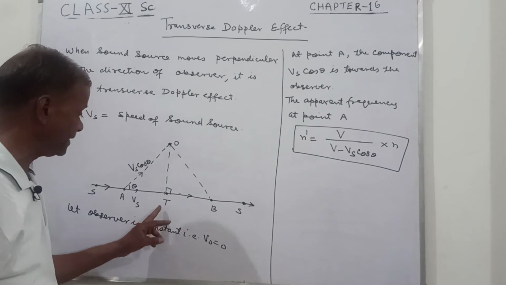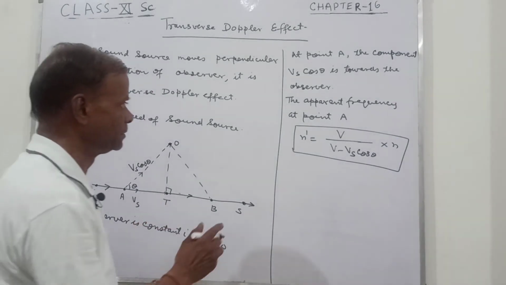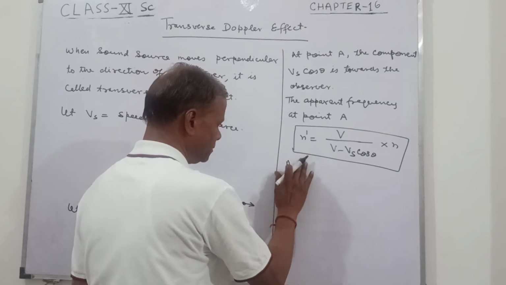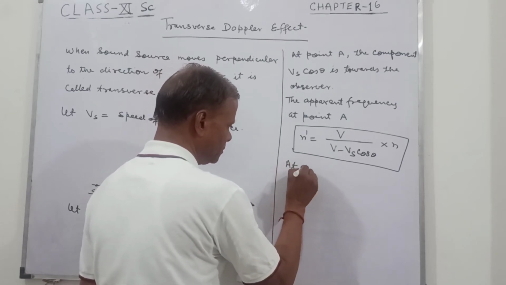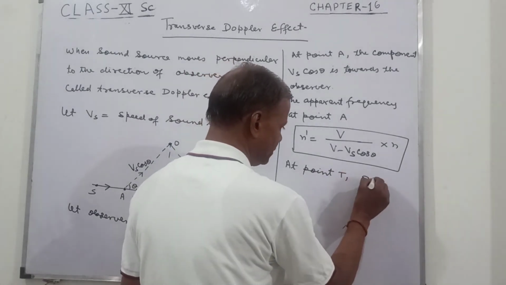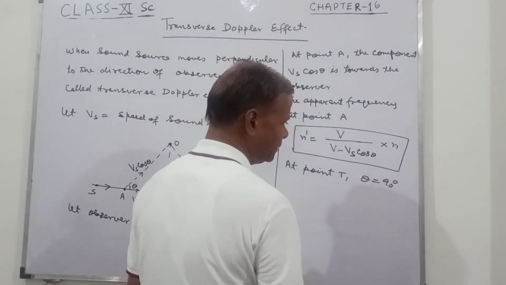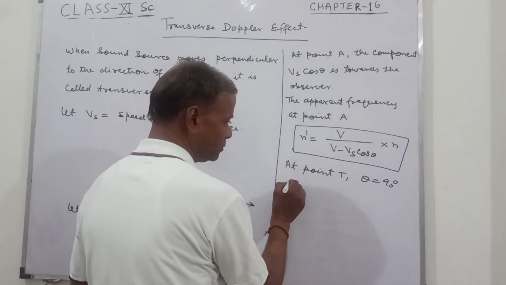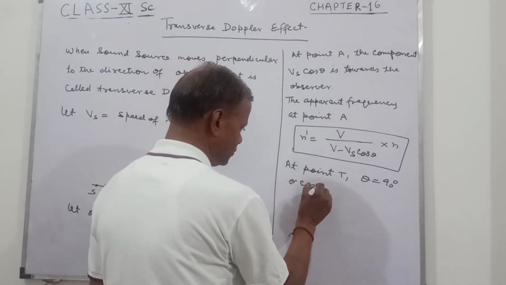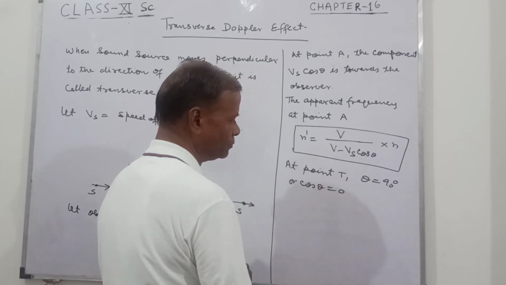And you can see that at the point T, theta equal to 90 degrees, or cos theta equal to 0.